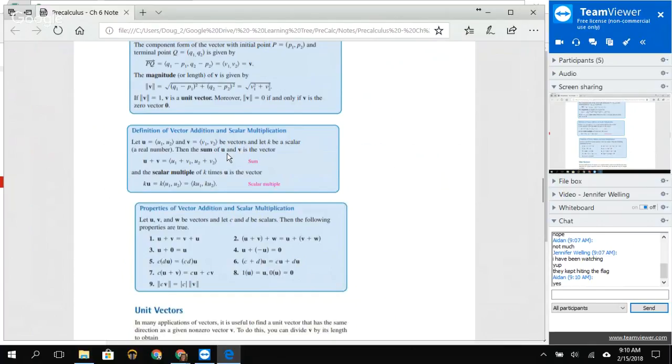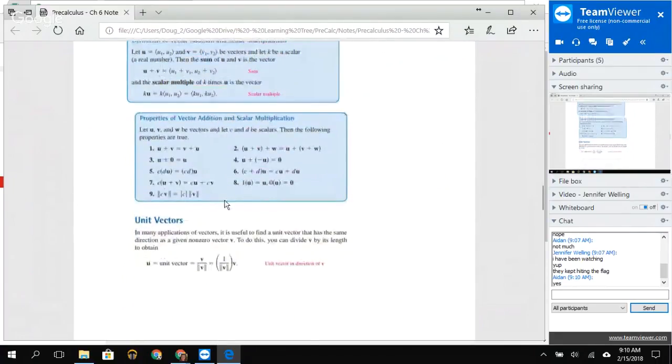Okay. And then down here, there are a couple of properties of addition and scalar multiplication. These all should feel pretty familiar to you. If you have U plus V, that equals V plus U, so you can add vectors in either order. If you add a vector plus 0, you get the vector. If you multiply by 2 different scalars, you can multiply the scalars together first and then apply it.